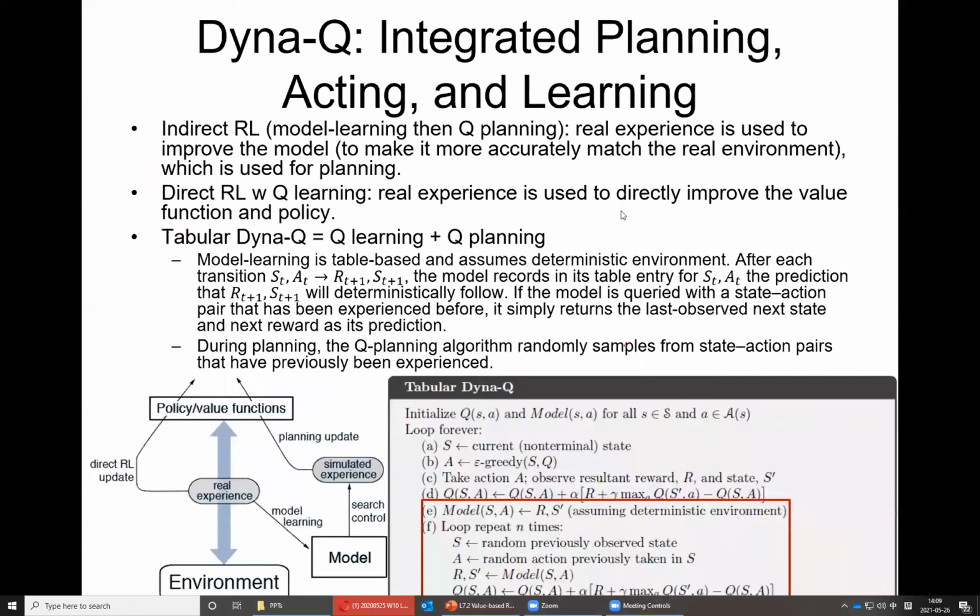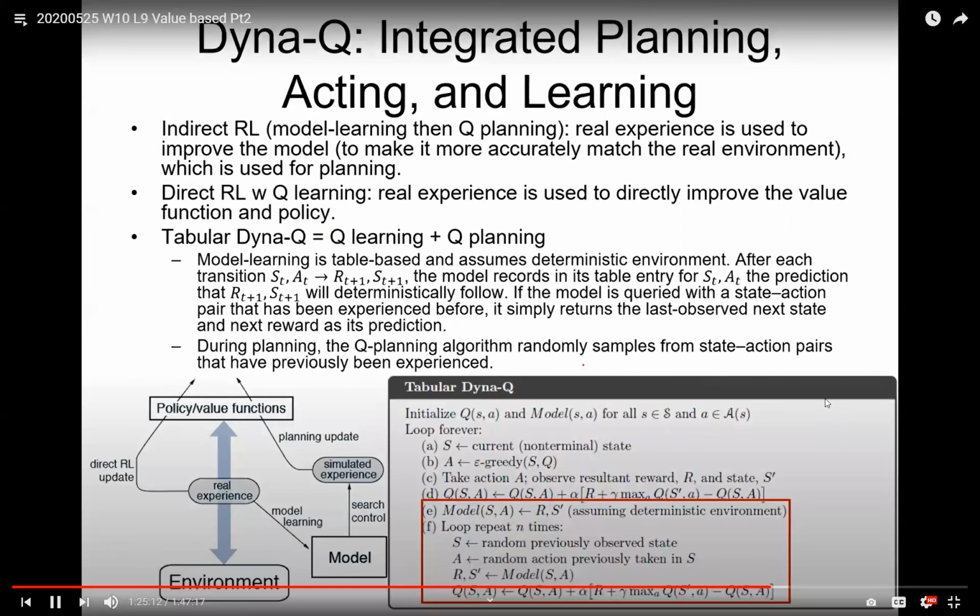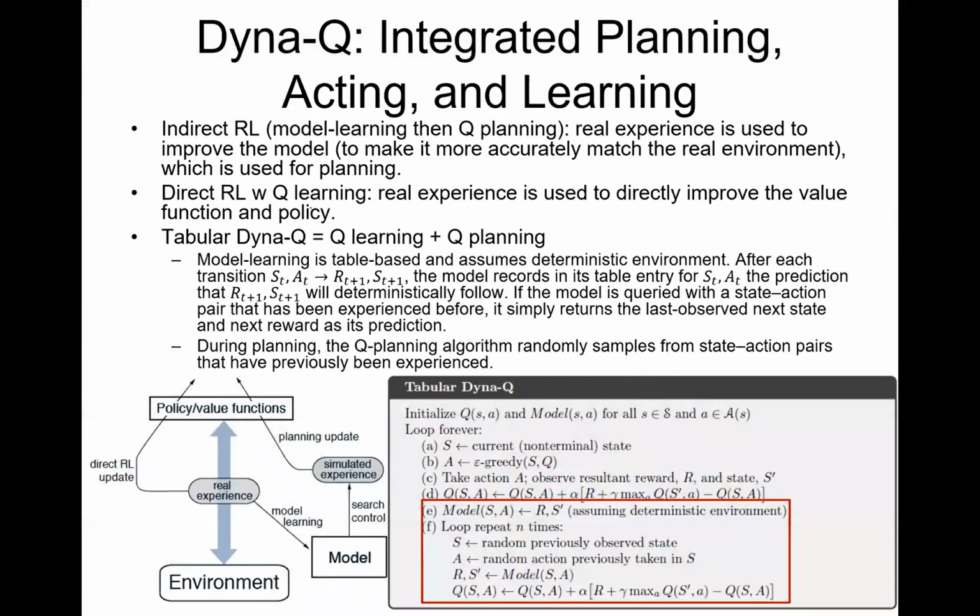So this is the Dyna algorithm, which unifies direct RL, the direct Q-learning with real experiences, and indirect RL, that is model learning followed by Q planning.